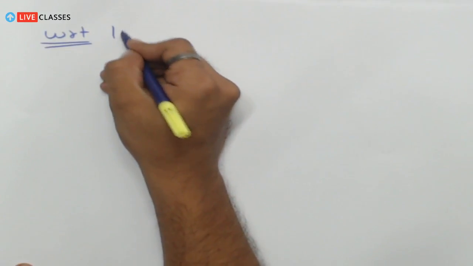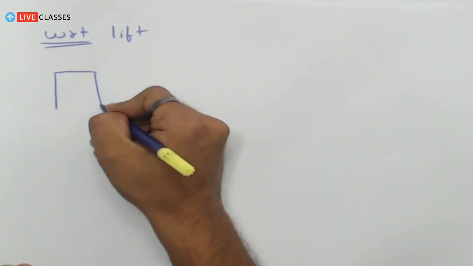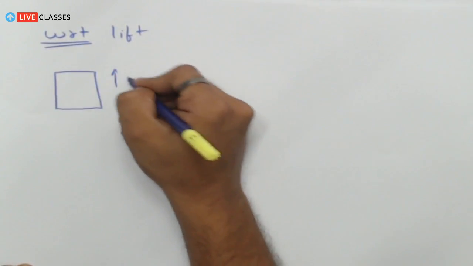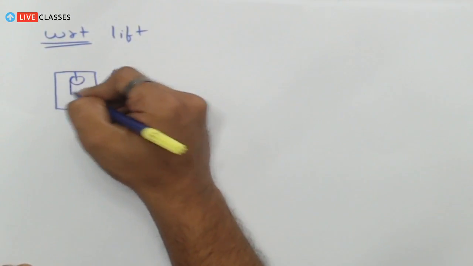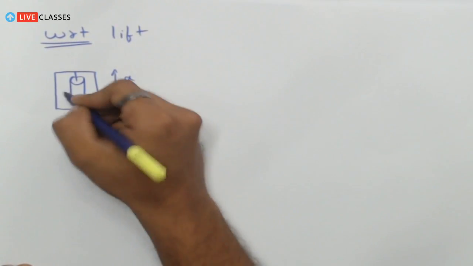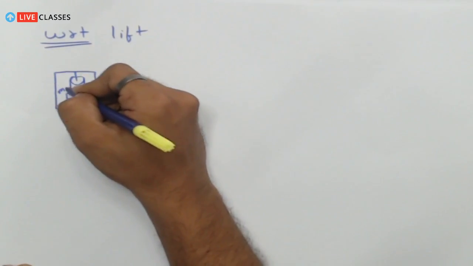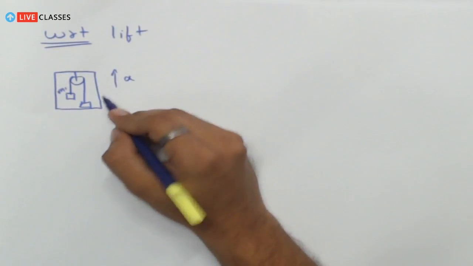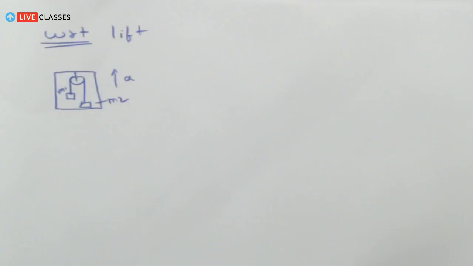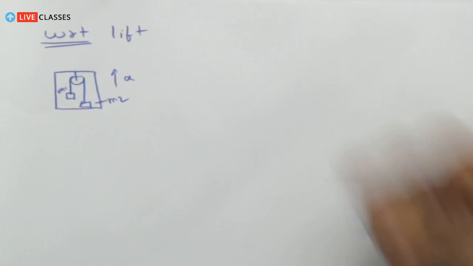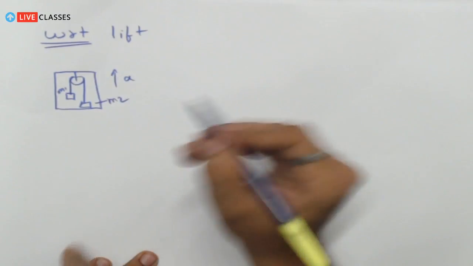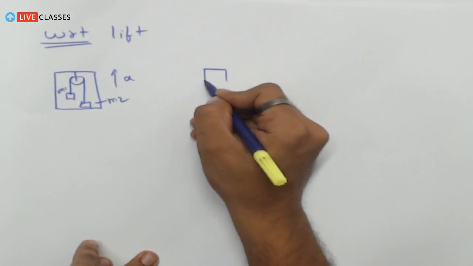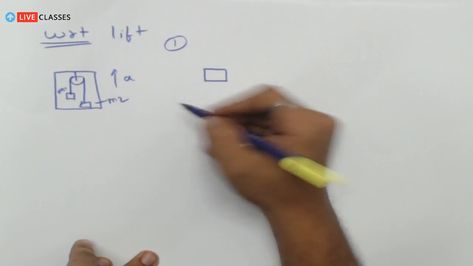Okay, so now we are drawing with respect to the lift. So this is the lift. It has an acceleration of A0. Sorry for the diagram. M1, M2. Okay. So with respect to the lift, we are going to draw the FBD of 1.